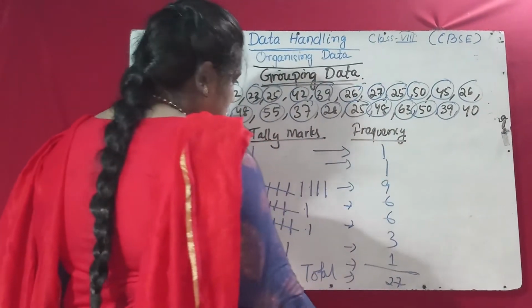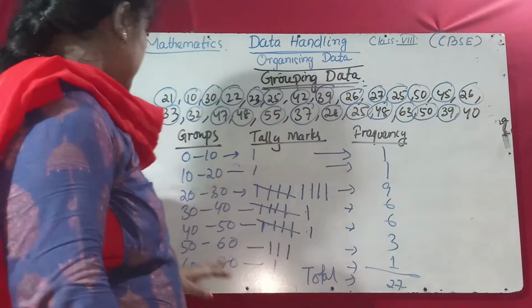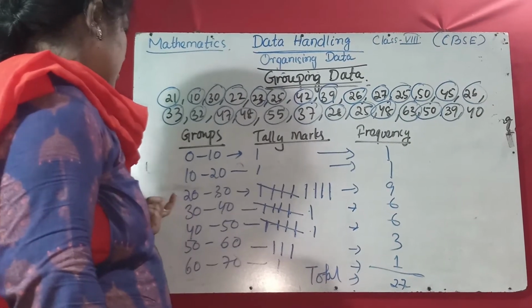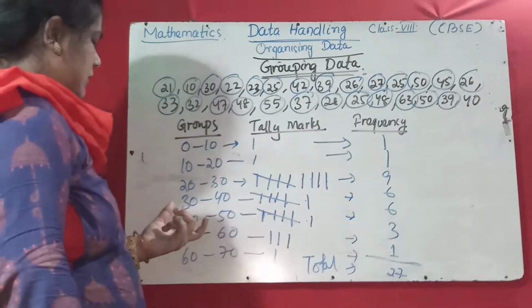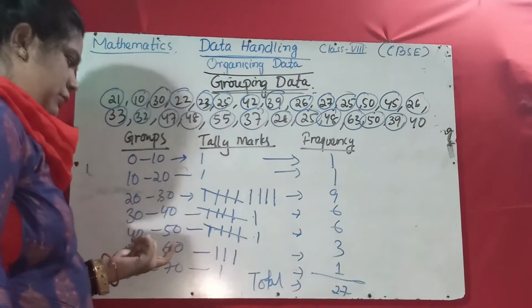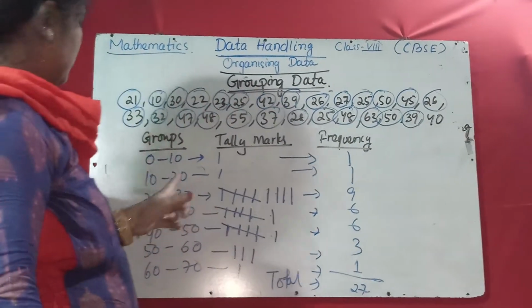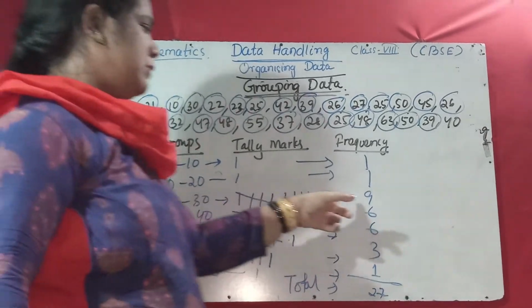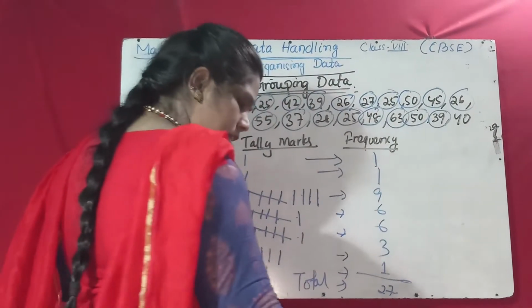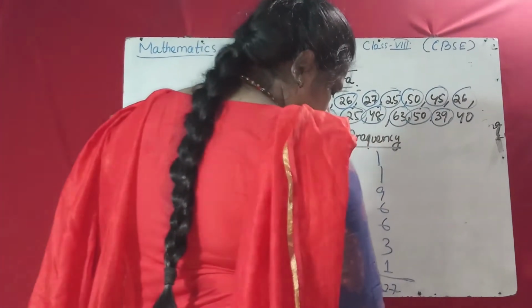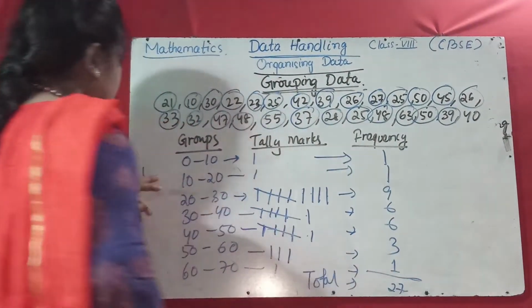So here suppose a question will be asked, which group has the maximum numbers. 20 to 30 has the maximum numbers. Okay, so like this a question may be asked to you. So what is the class interval?